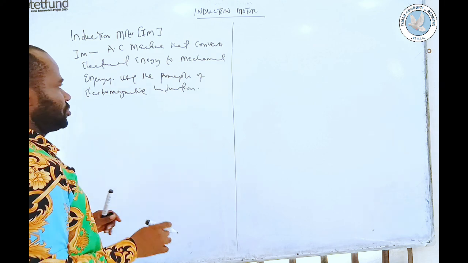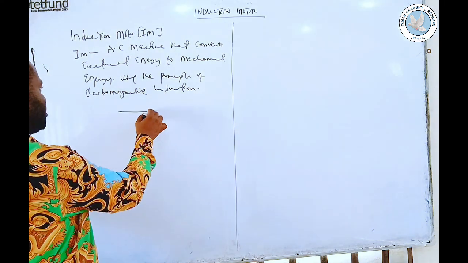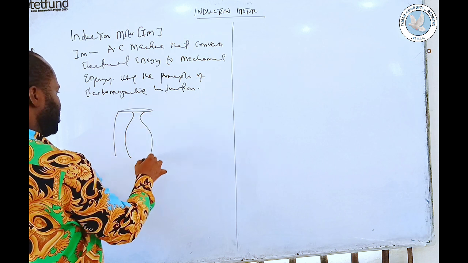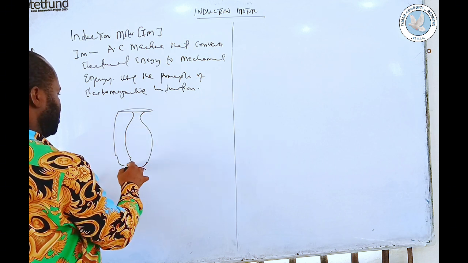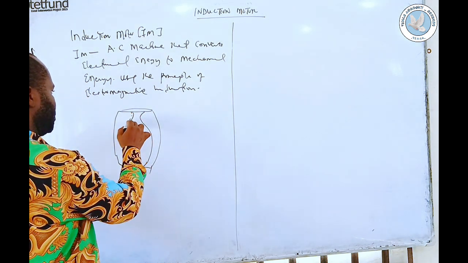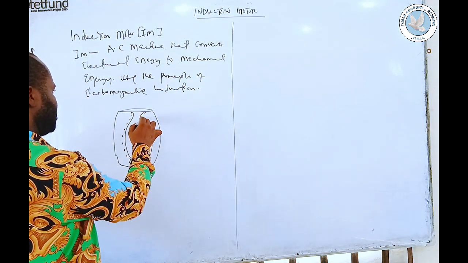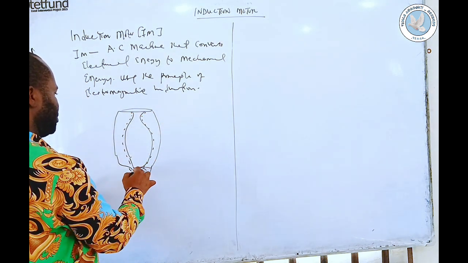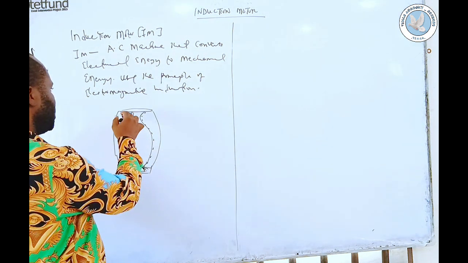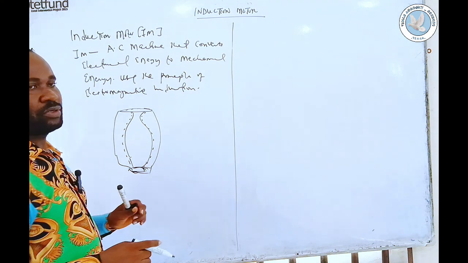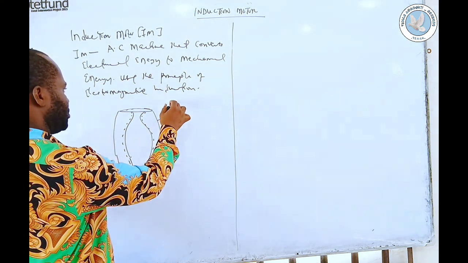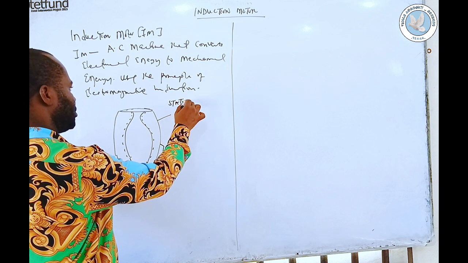So we can use just a sketch diagram to explain the concept of induction motor. Let's use this to represent a squirrel cage induction motor. It has some major parts, but let's call this stator.